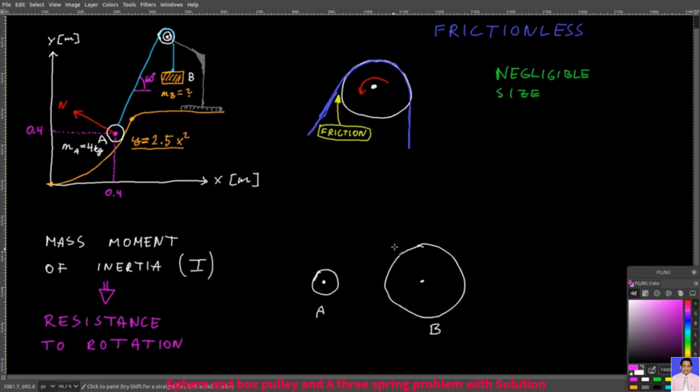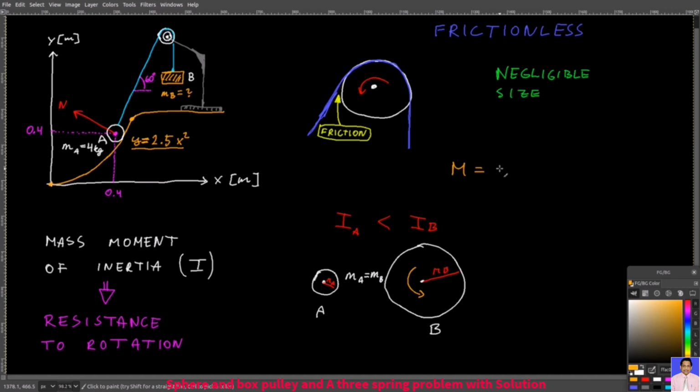If I have two pulleys here, and both of them have the same mass, but pulley B has a bigger radius than pulley A, then that makes the mass moment of inertia of pulley B greater than the mass moment of inertia of pulley A. So it's harder to rotationally accelerate pulley B. You need more moment for that.